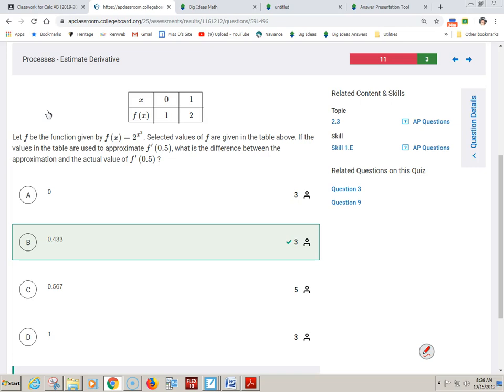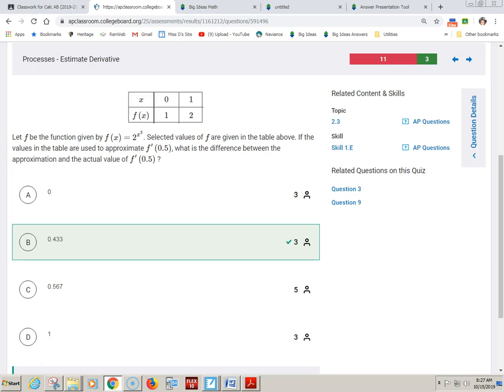Anyway, what are we supposed to do? Approximate f prime of 0.5. True? Well, who is f? How do I think of its prime?